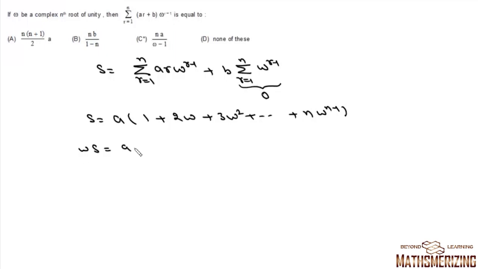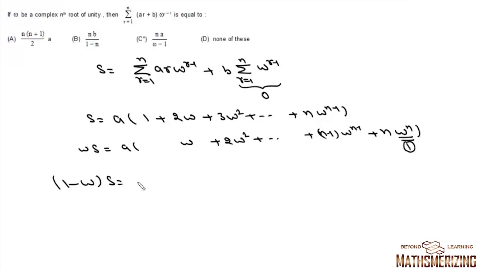So we can write this as a, and here will be omega plus 2 omega square up to n minus 1 omega to the power n minus 1, and then plus n into omega to the power n. Now omega to the power n is nothing but 1.